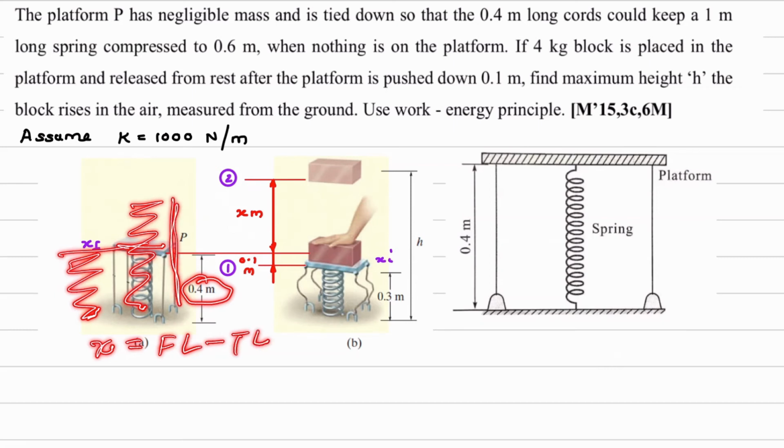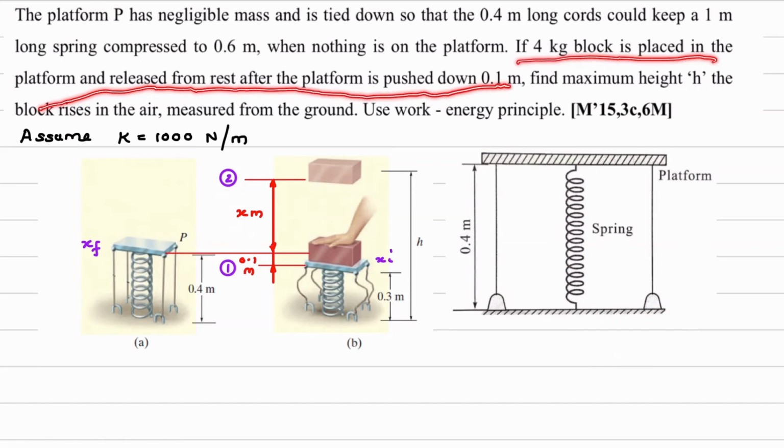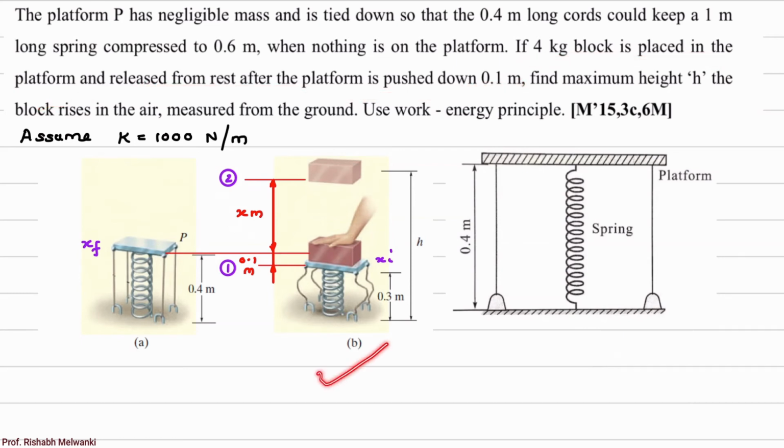This is the free length, which is 1 meter, and total length, it is 0.4 meter. So spring is compressed to 0.6 meter when nothing is on the platform. Okay, so here nothing is kept on the platform. Now next, if 4 kg block is placed in platform and released from rest after the platform is pushed down by 0.1 meter. Okay, so now you can see the figure number B. Here what is shown?